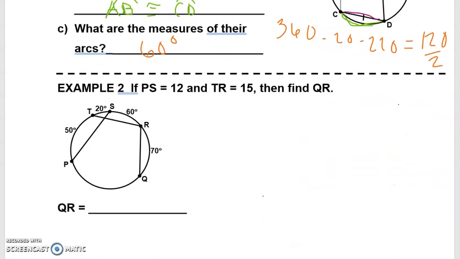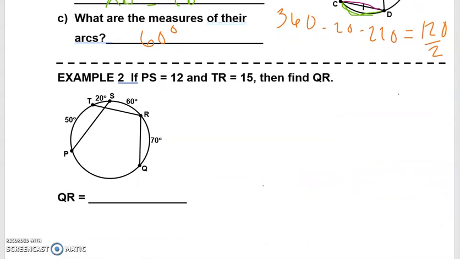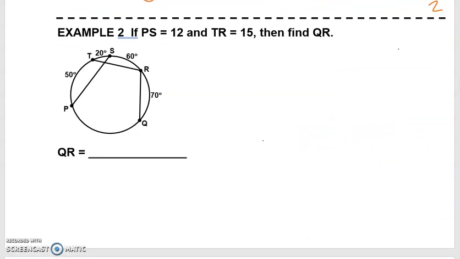If PS equals 12, and TR equals 15, then find QR. So we want to know QR. So QR arc length is 70 degrees.